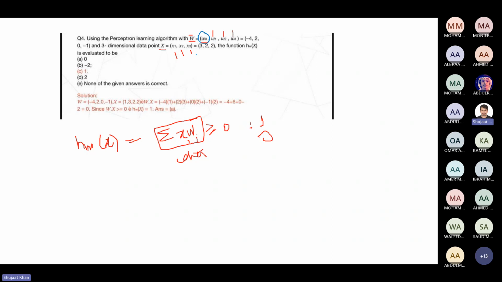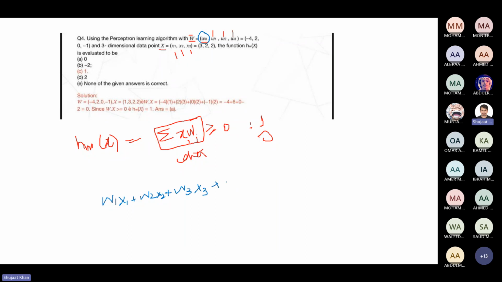Okay, all you need to do is simply multiply w1 with x1, then add w2 multiplied by x2 plus w3 multiplied by x3. So you can solve it on your side and then add the bias.